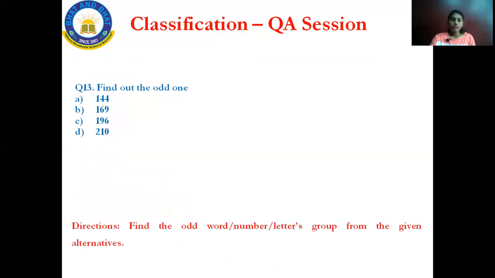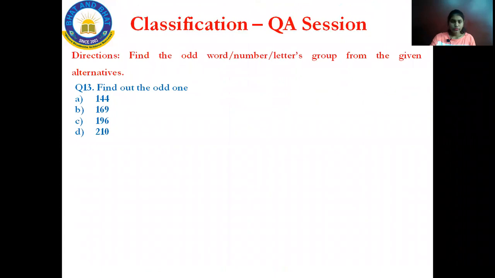Now we'll move on to the 13th question. Find out the odd one, and your options are 144, 169, 196 and 210. To solve this question, you have to go through the square numbers. Let me explain the difference between cube numbers and square numbers.